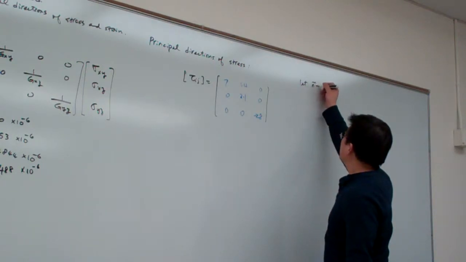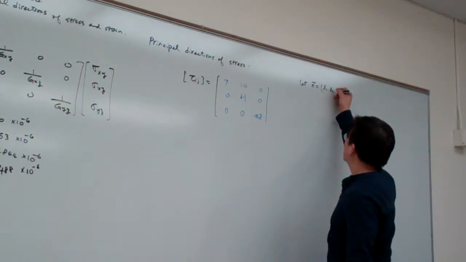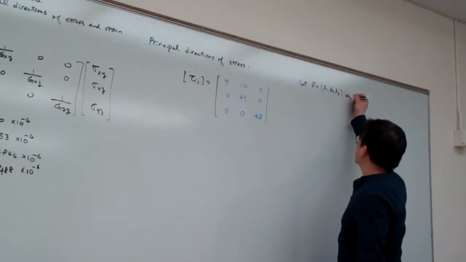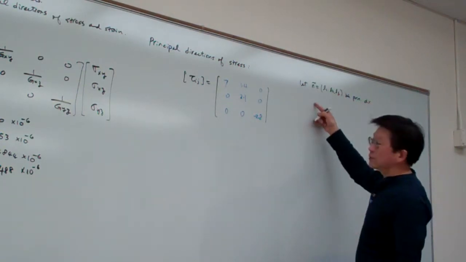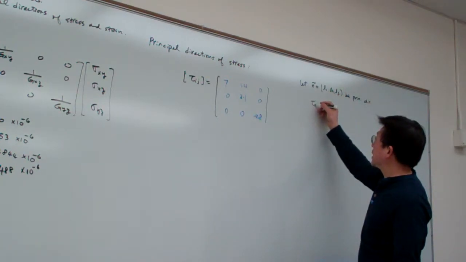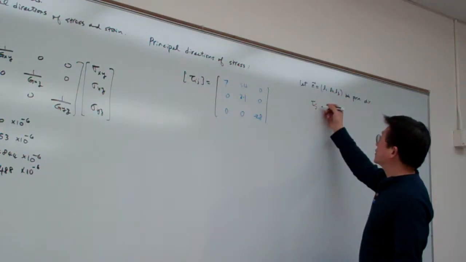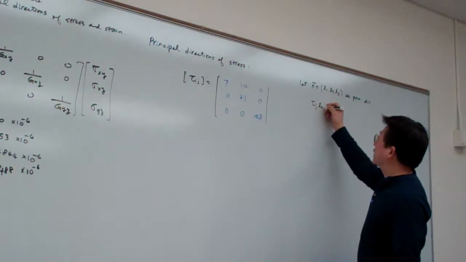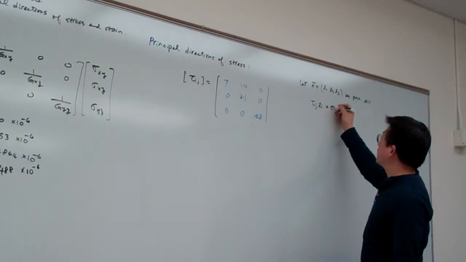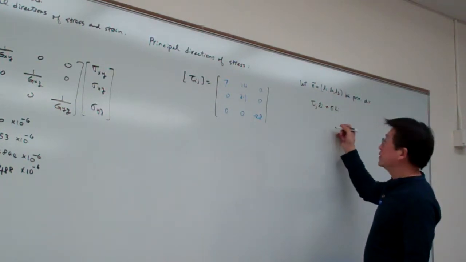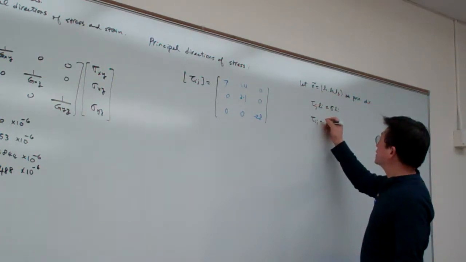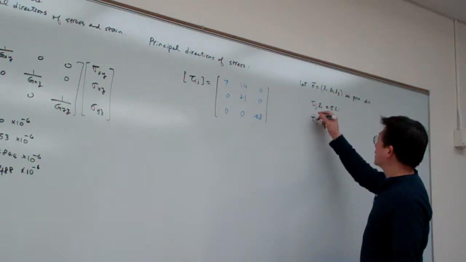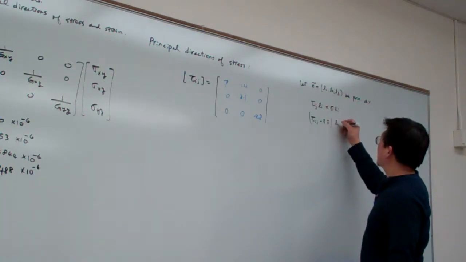We let n equal L1, L2, L3 be the principal directions. Then the eigenvalue problem is tau ij Li equal to sigma times Li, right? So basically we solve sigma ij minus sigma I times Li equal to 0.